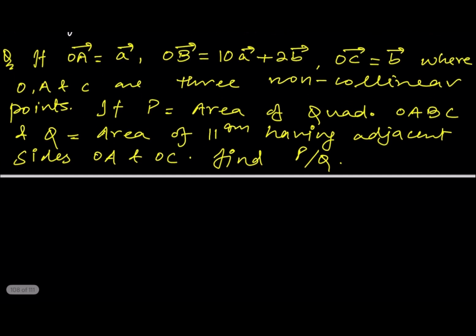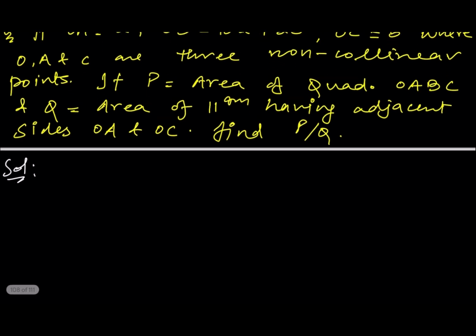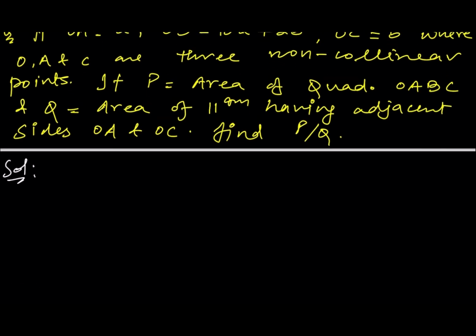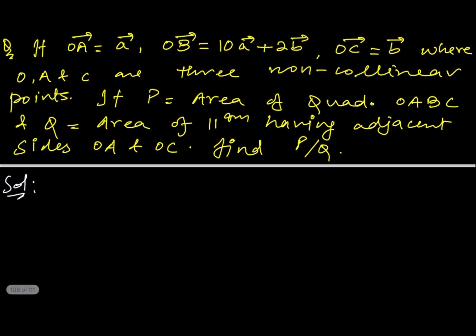So we need to find P by Q, where P is the area of quadrilateral OABC and Q is the area of the parallelogram having adjacent sides OA and OC. So let us draw the picture first. Say these two sides are the adjacent sides of a parallelogram, right?